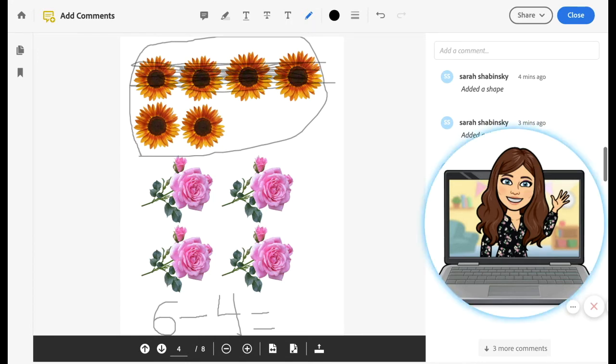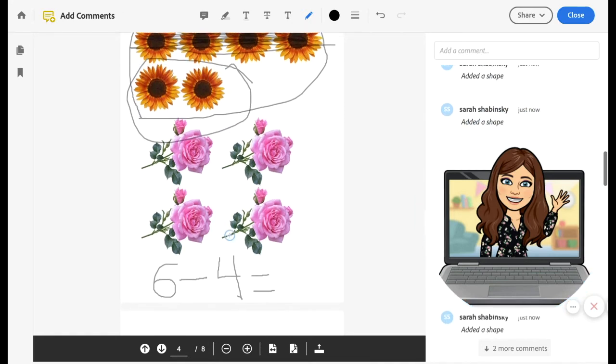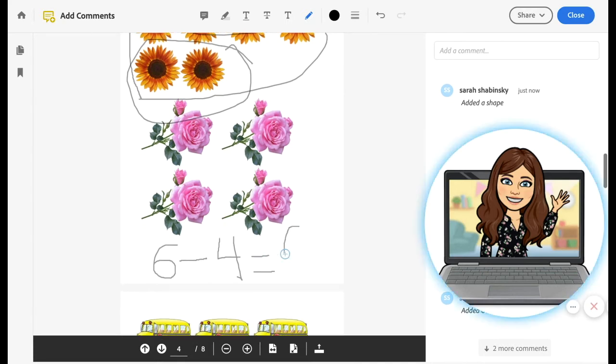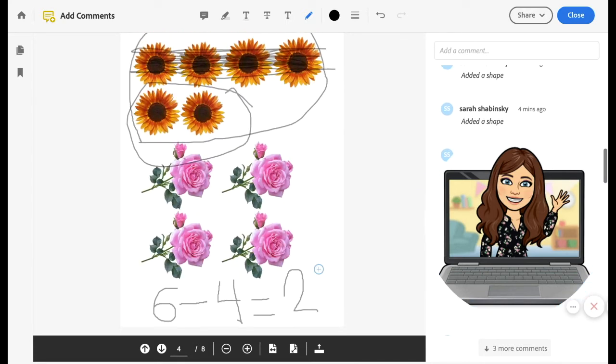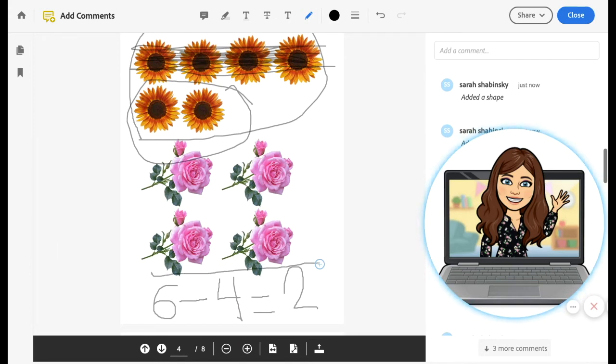They're no more. How many sunflowers are left over, Keeble Cubs? How many are right here on this bottom row? That's right, it is 2. Good job, friends. So we just figured out in this number sentence that 6 minus 4 is equal to 2. Good job, friends.